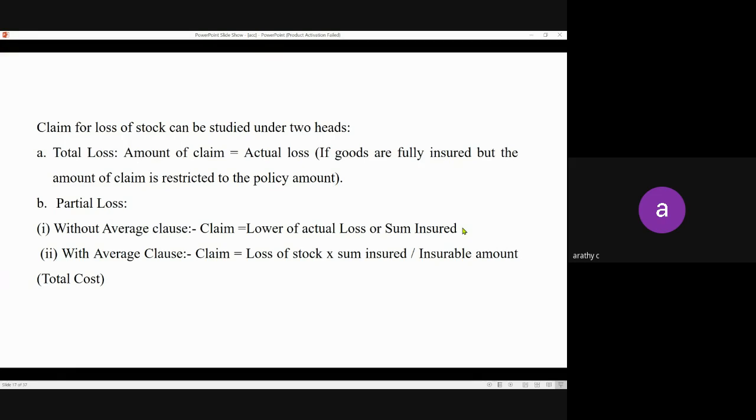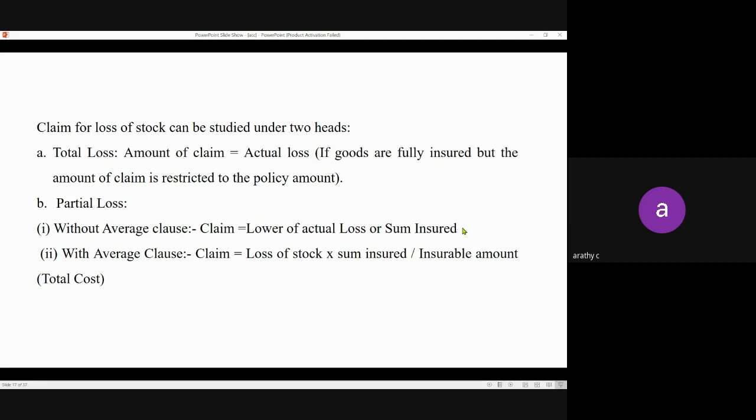The first, without average clause, is easy to calculate. You have to choose which amount is lower, actual loss or sum insured, and take that amount for calculation. But in the case of average clause, this formula is applied: loss of stock into sum insured divided by insurable amount or total cost. These are the two methods to calculate claim for loss of stock.